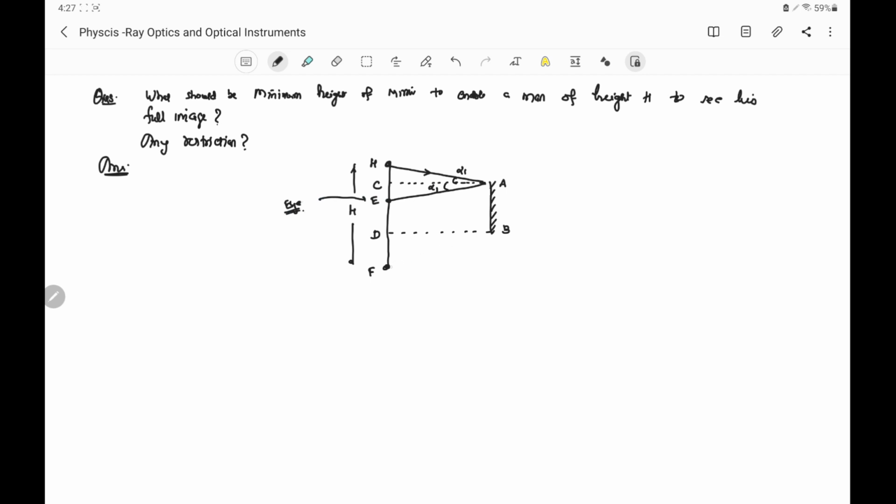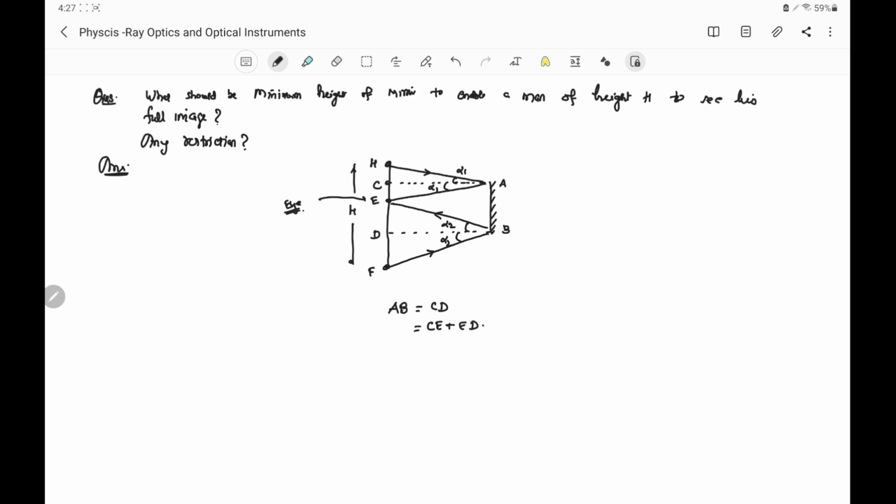And similarly, the foot also has an image seen at the point E, that is, at the eyes. This ray is incident at angle alpha 2 and the angle of reflection is alpha 2. Now from the figure we can see that AB, which is the height of the mirror, is equal to CD, and this CD is equal to CE plus ED.